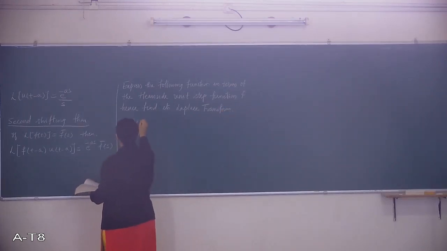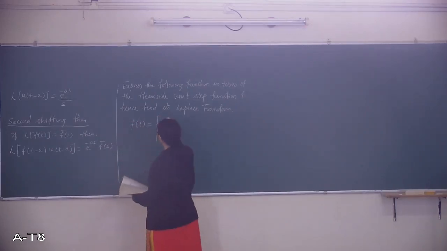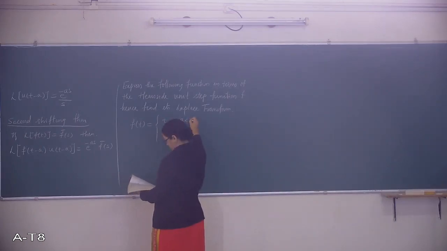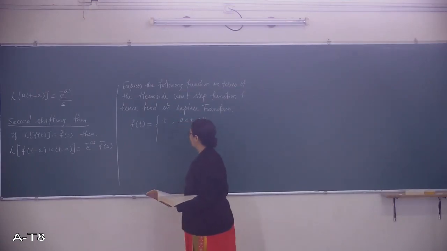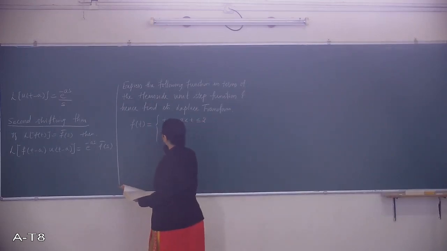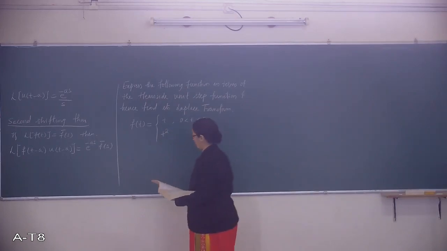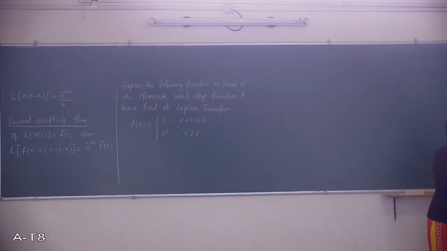The function is f of t equals t in the interval 0 to 2, so t takes values from 0 to 2, and f of t equals t square if t is greater than 2. So this is the given function.